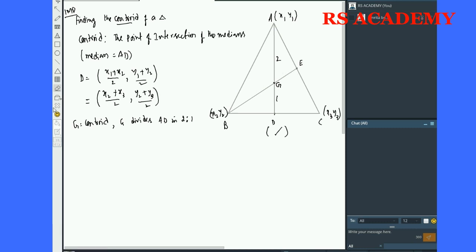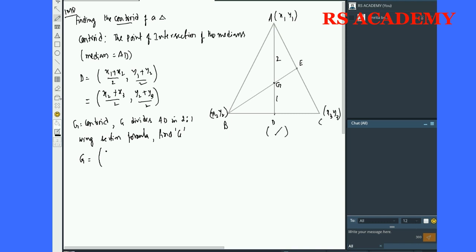So now let us find G using the coordinates of A and D and the ratio. Using the section formula, we can find the coordinates of G. Let us write the formula first.